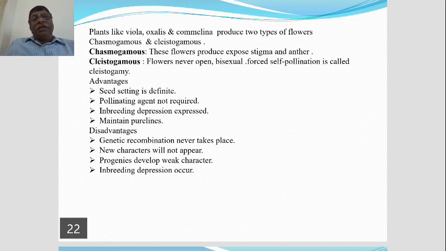But in self-pollination, some advantages are also there. What are the advantages? Here, the seed setting is assured. It is definite.